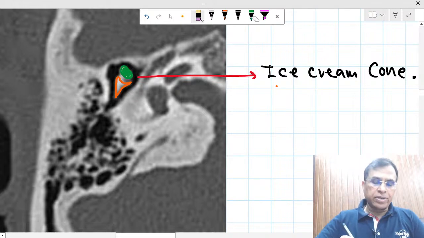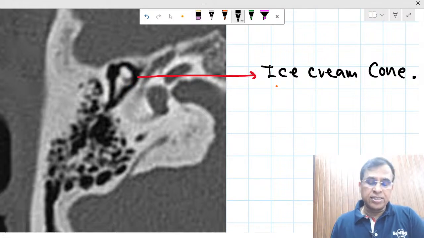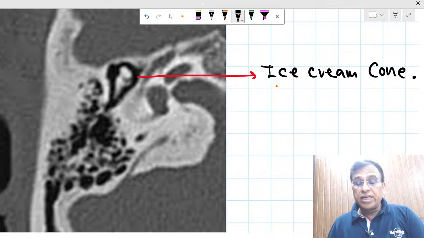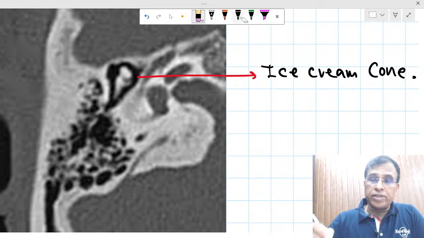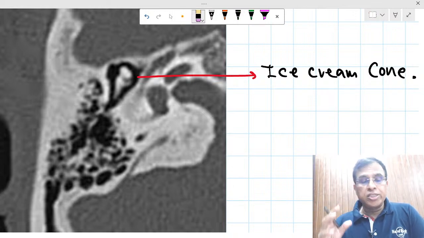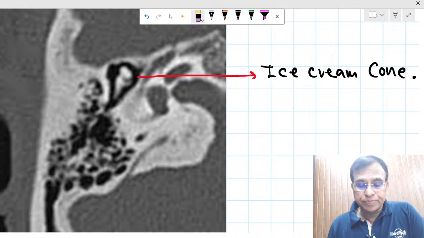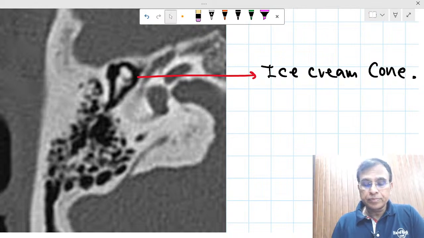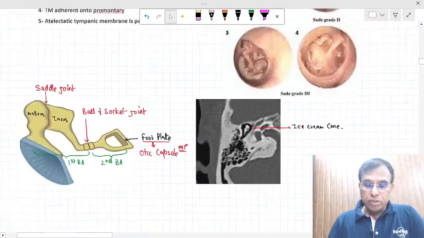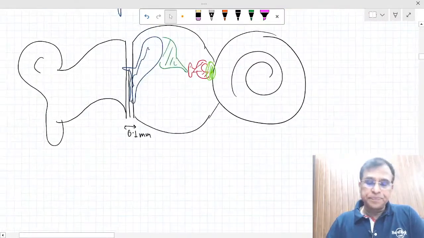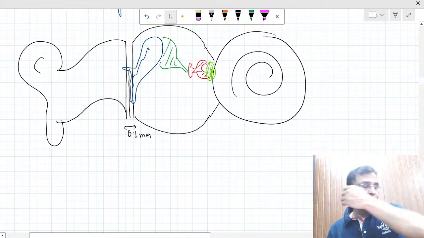So that is the logic behind naming this ice cream cone appearance. Remember this. And if you cannot see this typical look of the ice cream cone appearance, that means the ossicles are damaged or diseased. That's the importance of this name. Okay. So coming back to this one, you can see the malleus, incus and the stapes.